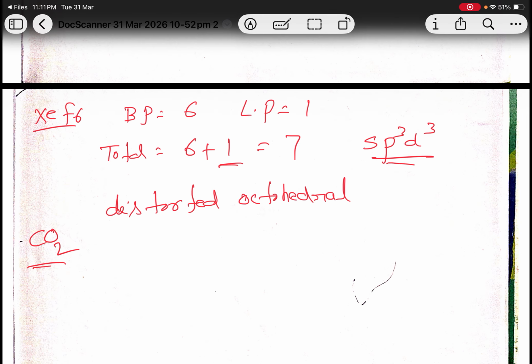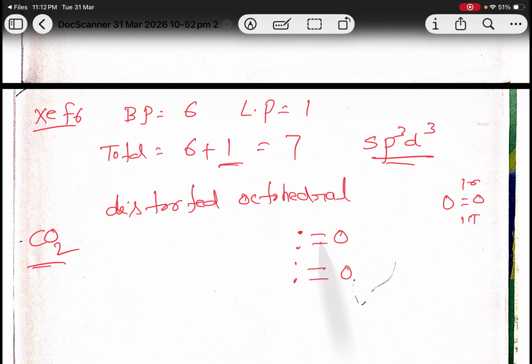The hybridization in the CO2 molecule. When oxygen is present, according to molecular orbital theory, between the two oxygens a double bond is present, one sigma bond and one pi bond. So CO2 means carbon belongs to the fourth group element. It contains 4 valence electrons, 1, 2, 3, 4. One oxygen forms a double bond with 2 electrons. Another oxygen forms a double bond with 2 electrons.